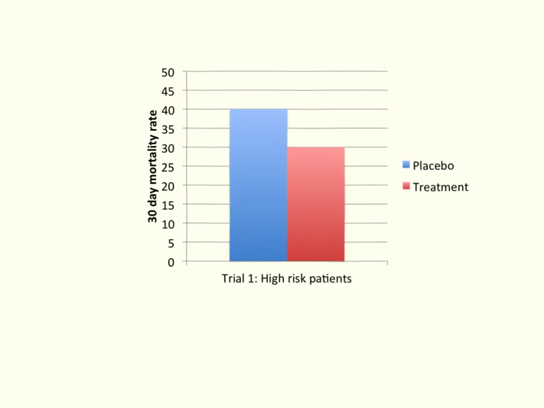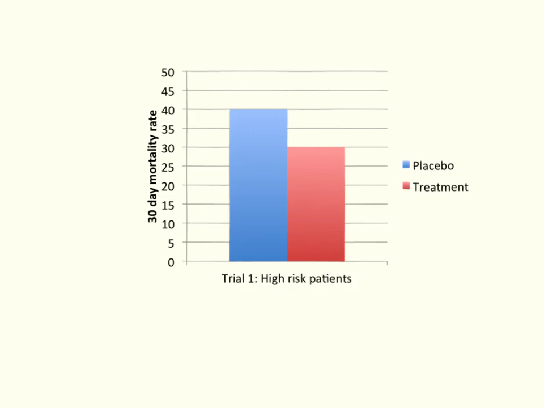What this blue bar shows is among the high-risk patients in this trial who received the placebo, in the control condition, 40 out of 100 patients died within 30 days. And among those who received the drug, 30 out of 100 patients died within 30 days.